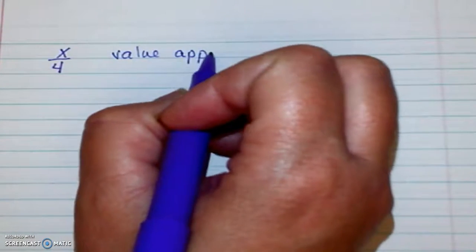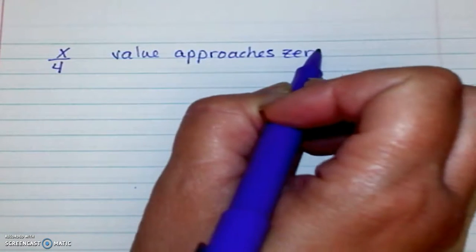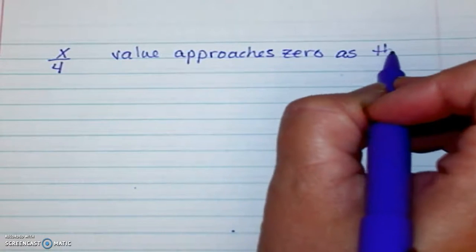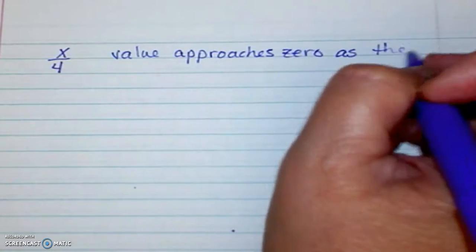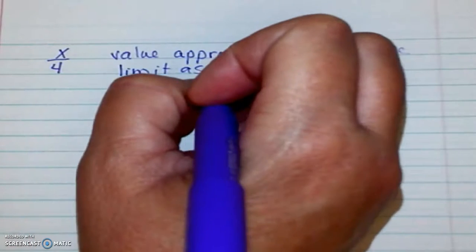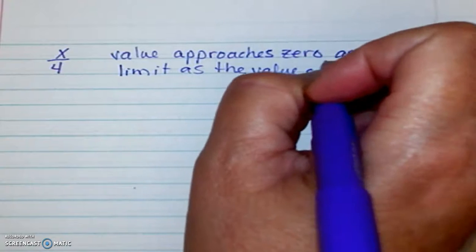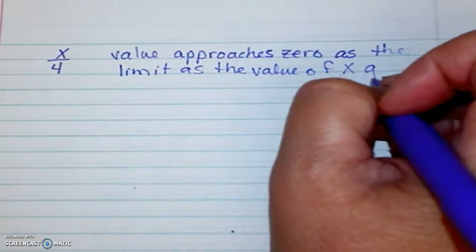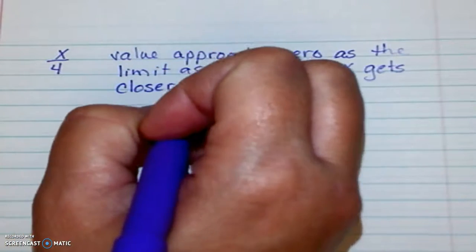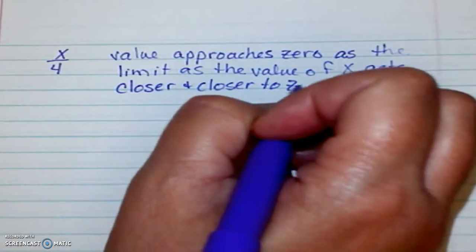So the value approaches 0 as a limit, as the value of x gets closer and closer to 0.